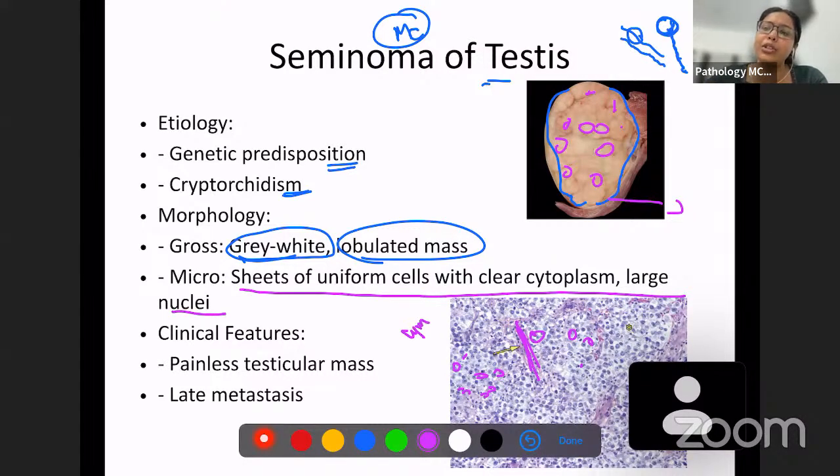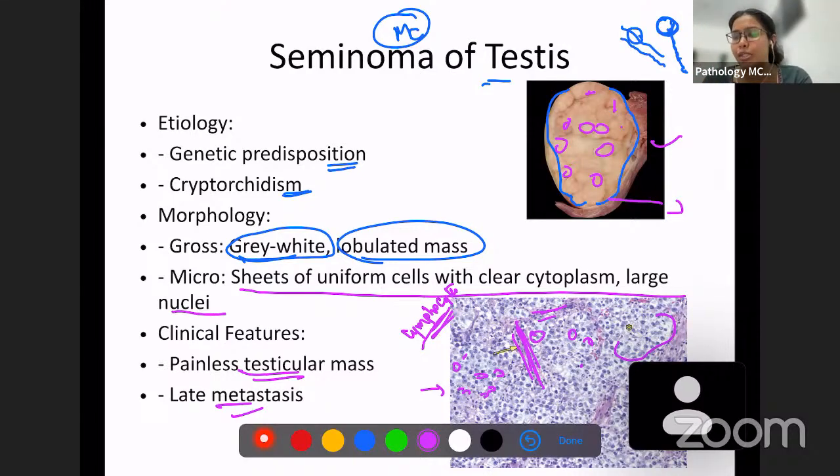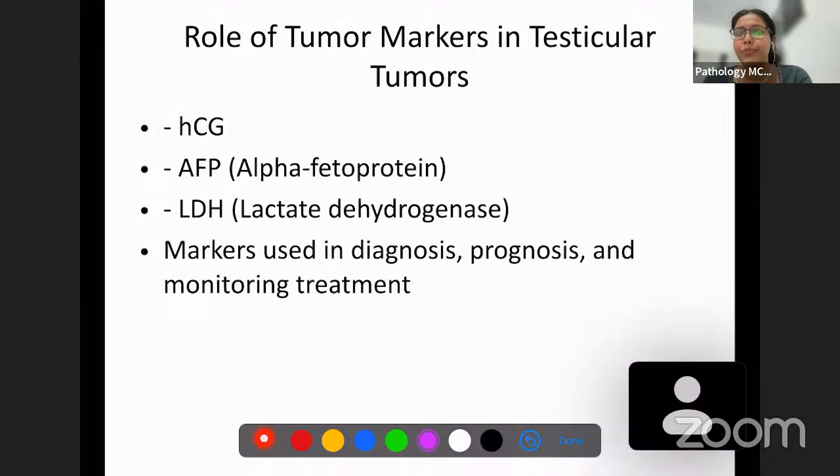So this is a very important feature of seminoma: uniform cells with clear cytoplasm along with septae with lymphocytes. And we know this testicular mass is painless and metastasis can occur at a very late stage. This is classic of seminoma, they can give you this image, so you can remember it.